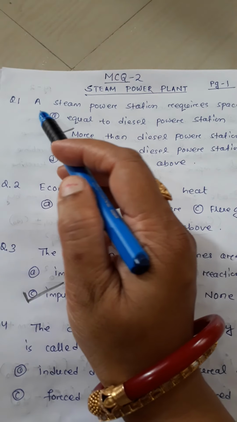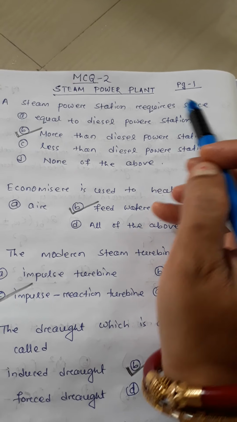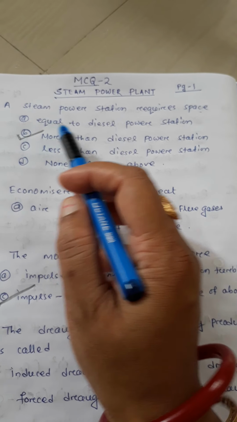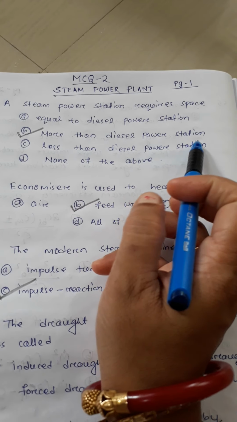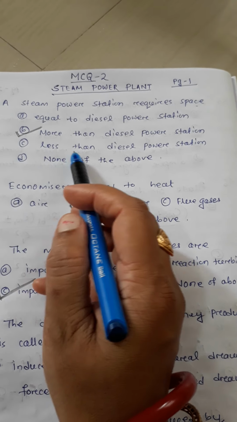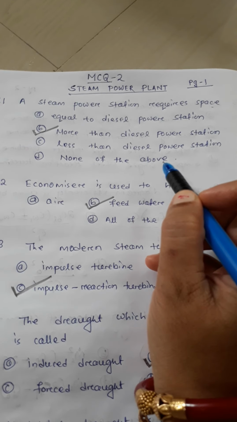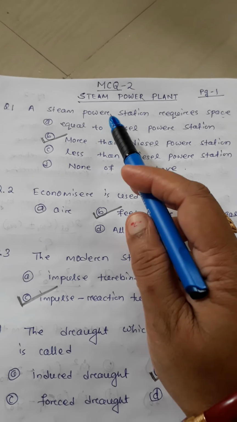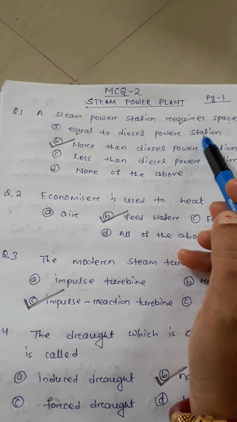Question number 1: A steam power station requires space. The first option is equal to diesel power station, second is more than diesel power station, third is less than diesel power station, and last one is none of the above. Here we are comparing the steam power station with the diesel power station.